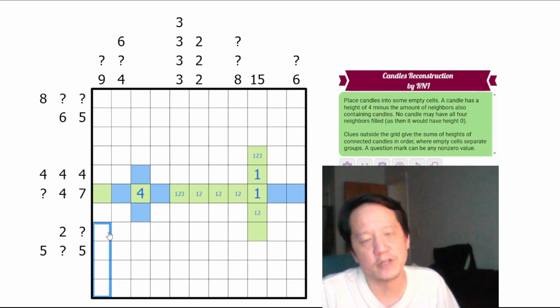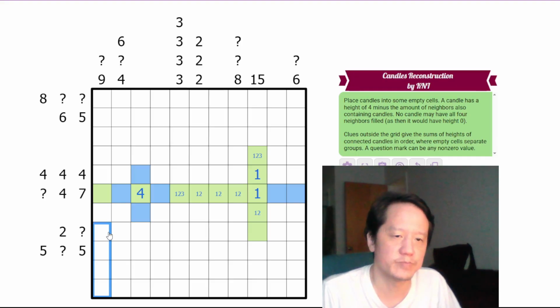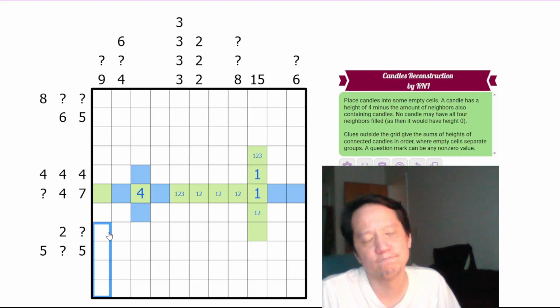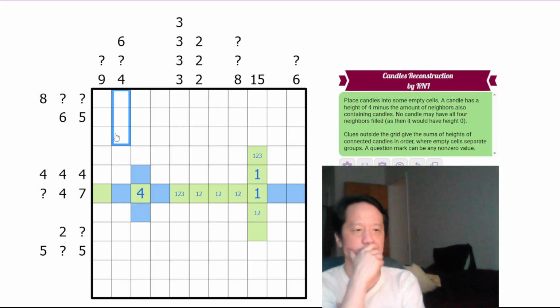So it could be like that. That is possible. 6 could be 3 and 3. That works fine.